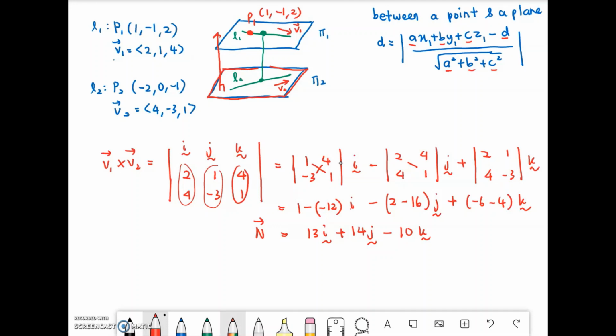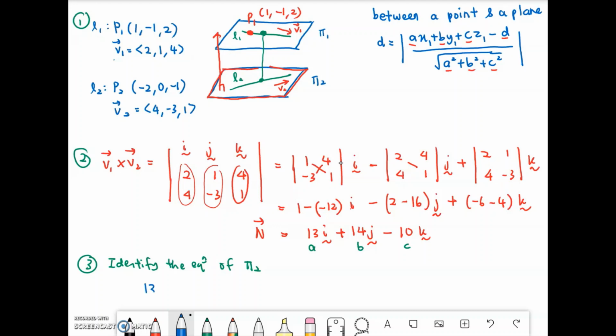So now we have identified our a, b, and c. Next we need to identify the equation of plane 2, because here we have our a, b, c.